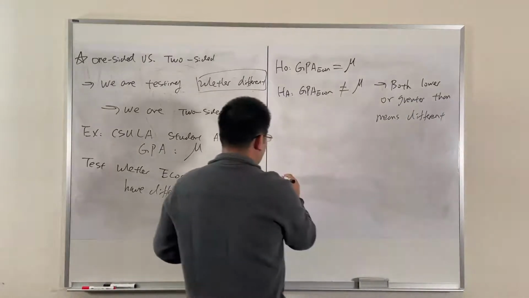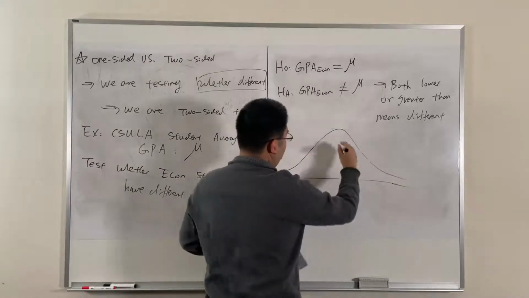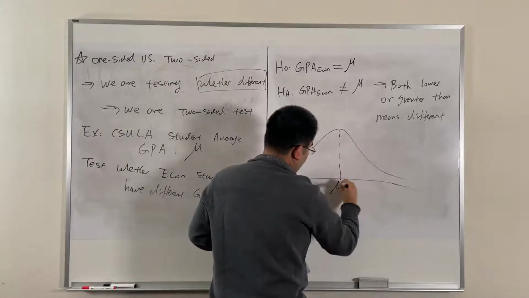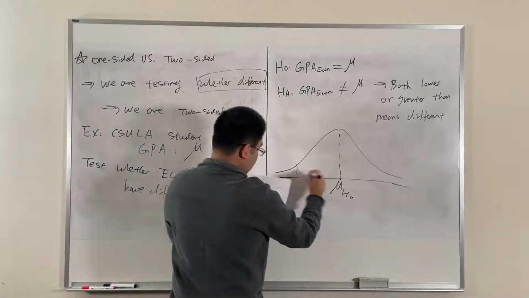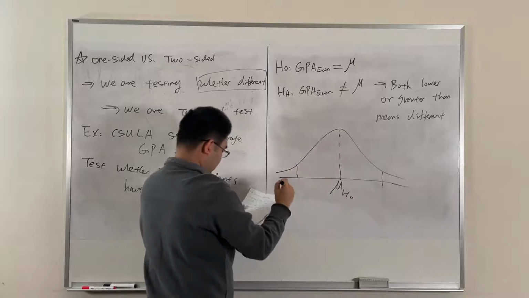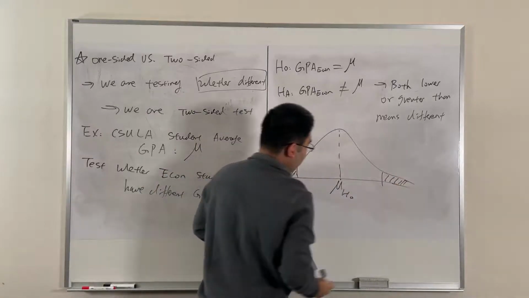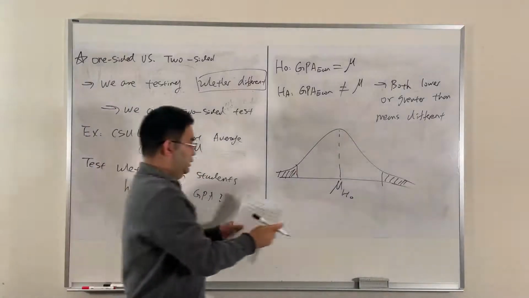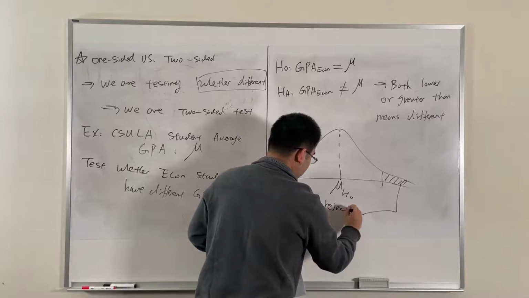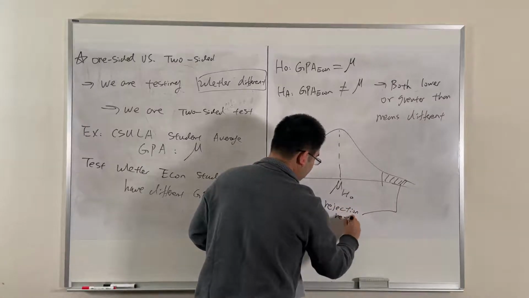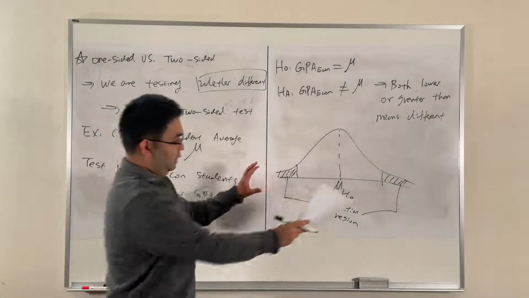So if you look at the normal distribution, if we're assuming this one hasn't been standardized yet, then reject if it's lower, reject if it's higher. Then these two are our rejection regions. Right? So as you can see, in a two-sided test, you reject in both sides.